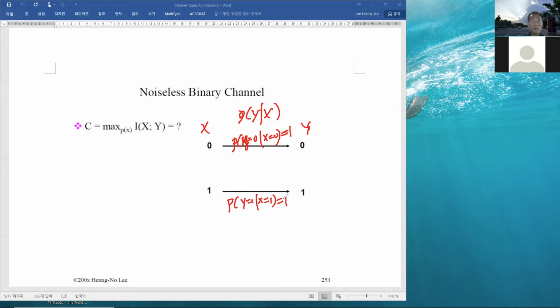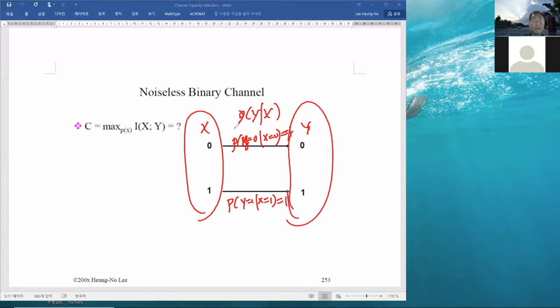When the input is 0, the output is 0 with probability 1. When the input is 1, the output is 1 with probability 1. So that's the noiseless binary channel. It talks about the input alphabet, the output alphabet, and the channel, which is P of Y given X.